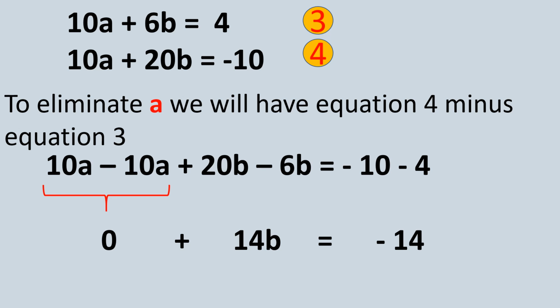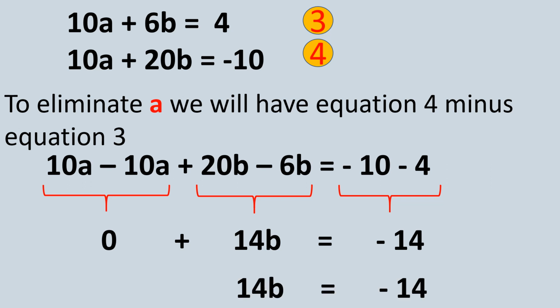In this particular case, we have eliminated a, and that's why we have 10a minus 10a, which now becomes 0. And we have paved the way for our b to be solved. And that's why you have 20b minus 6b, it becomes 14b. And on the right-hand side, you have minus 10 minus 4, which equals minus 14.